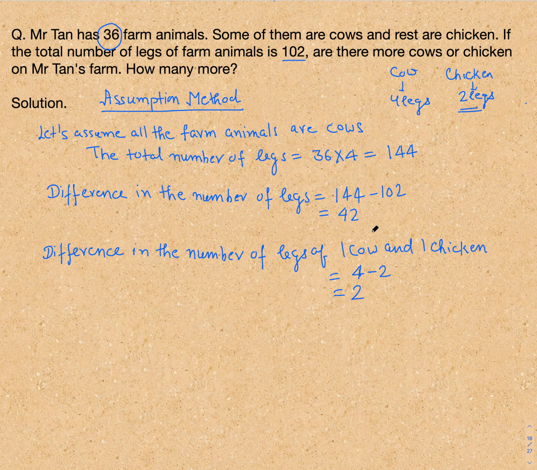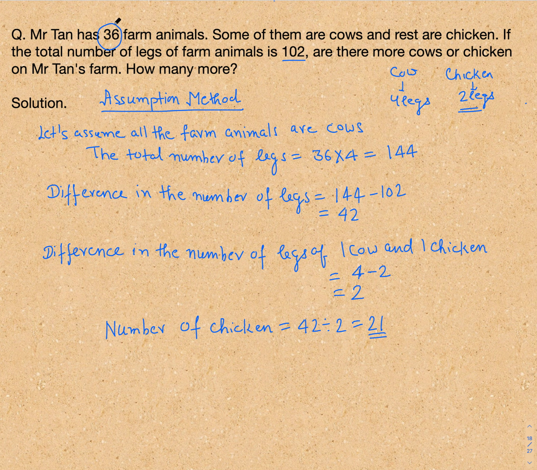And the total number of legs we have counted more is 42. So if we divide 42 by 2, we will get the number of chicken. The number of chicken on the farm is 42 divided by 2, which is 21. Now how about the number of cows?